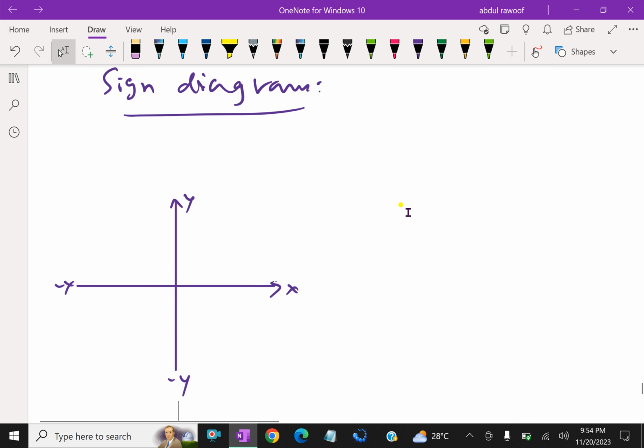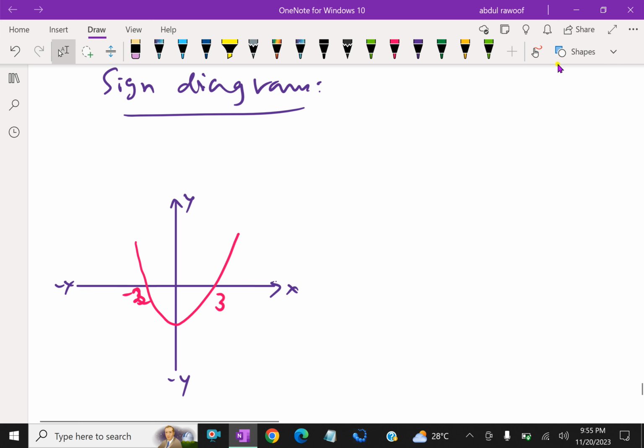Consider a parabola like this. Here this point is minus 2 and this is 3. What is the sign diagram for this?